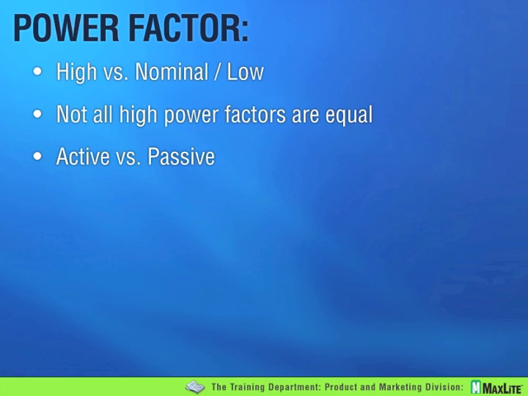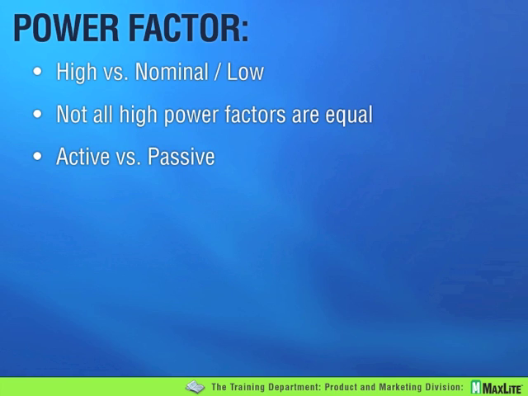Something else that's very important, particularly to those of us with an energy efficient focus on our business, and these days everyone has at least a portion of their business focused on green and energy efficient initiatives, is power factor. I think we all know what power factor is, but I understand we have some end users and facility managers who have joined us today, so a little bit about power factor.